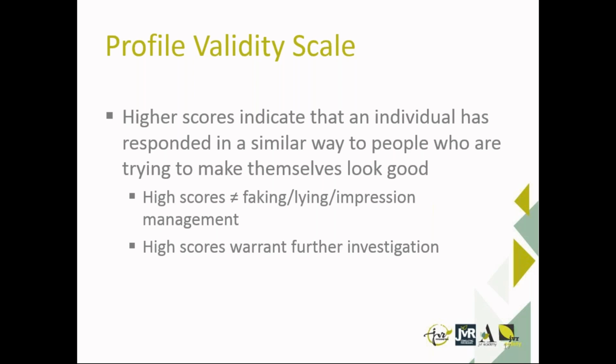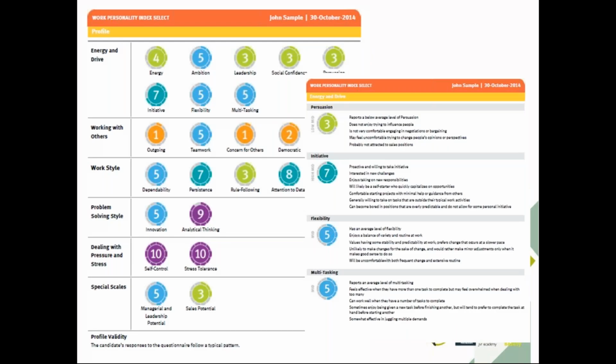When a candidate's responses are similar to those of most other job candidates, and they admit to common shortcomings and limitations, similarly to other people, you will get a text at the bottom of your screen where it says profile validity. It tells you that the candidate's responses to the questionnaire follow a typical pattern.